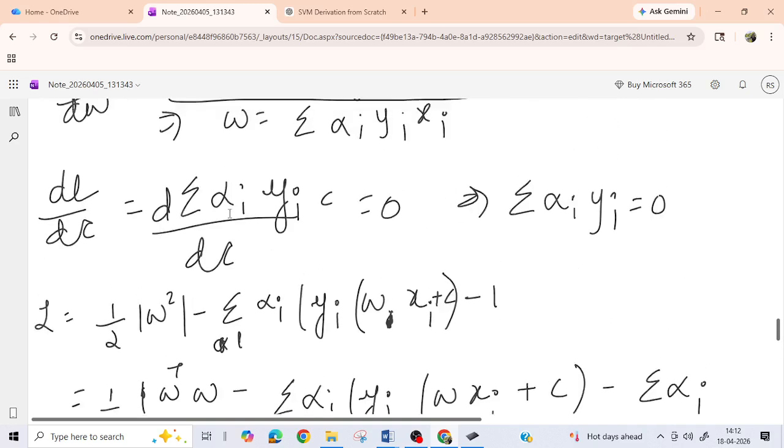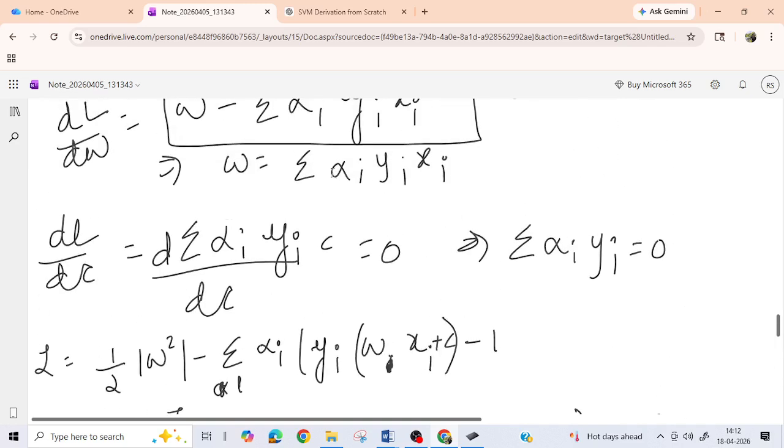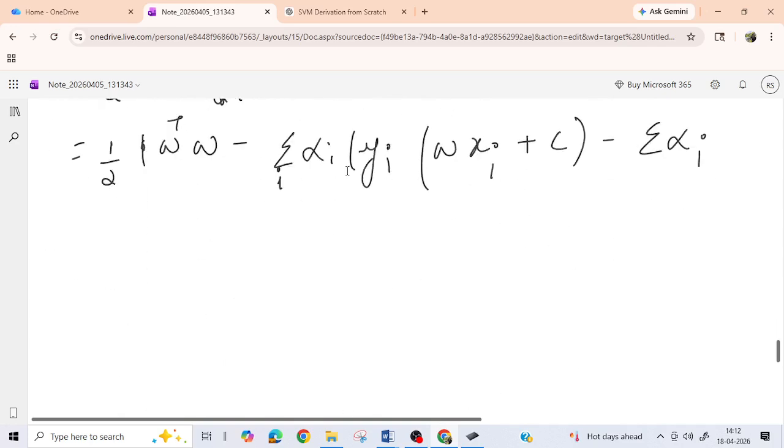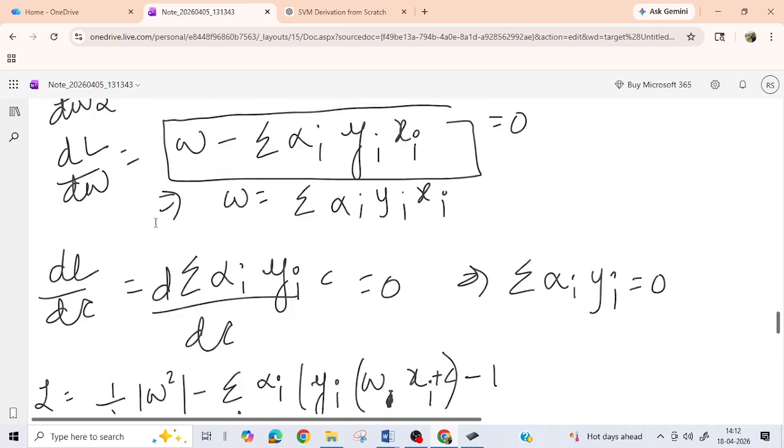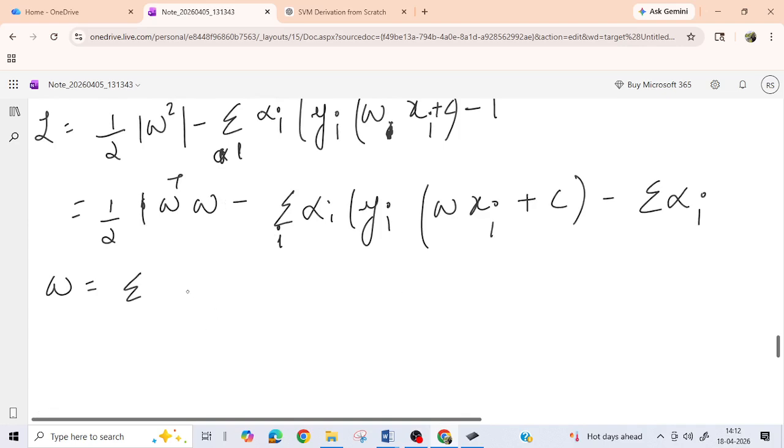Now you know what W is. W is nothing but summation of alpha I yi xi, where I goes from 1 to the number of points.